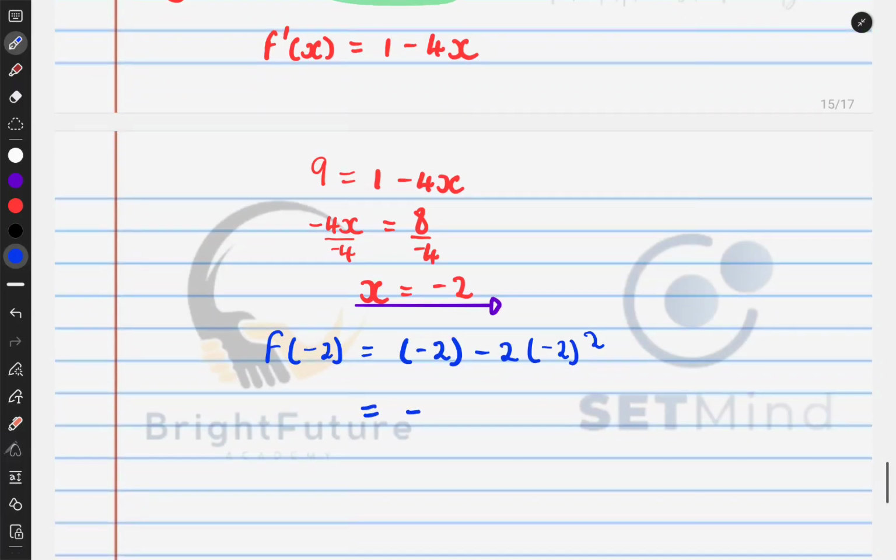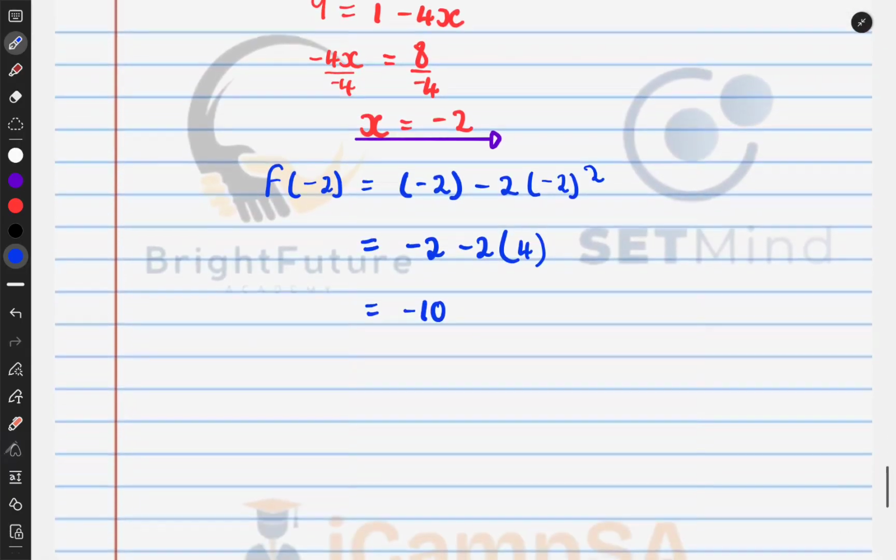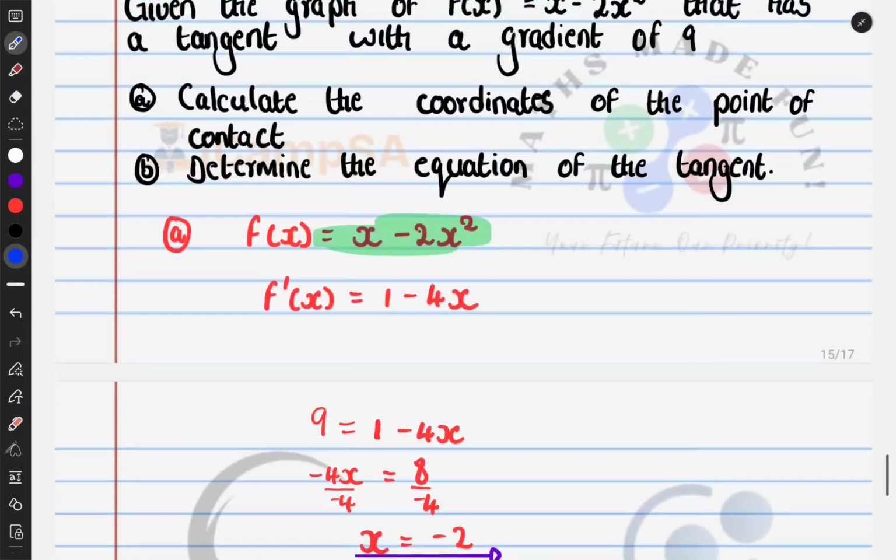This is equal to minus 2 minus 2 into 4, which is minus 2 minus 8. This would be minus 10. Therefore, the coordinates of the point are negative 2 and negative 10.